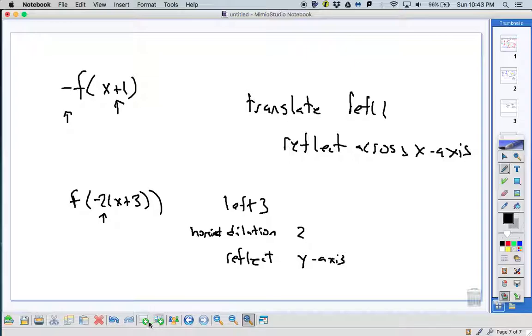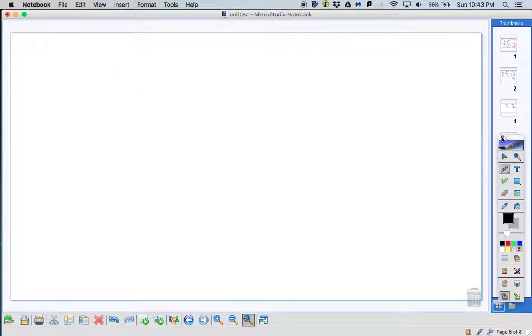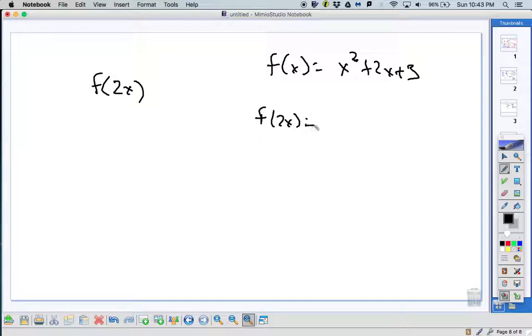So lastly, what you need to understand is what some of this actually means. So let's say that I have f of 2x, and here's my original function. So f of x is equal to x squared plus 2x plus 3. I just made this up. Not all f of x is of this. I just made up some numbers here. But if I want to find f of 2x, what it's saying is I'm going to take whatever x I have here, and I'm replacing it with 2x. So f of 2x will look like this.